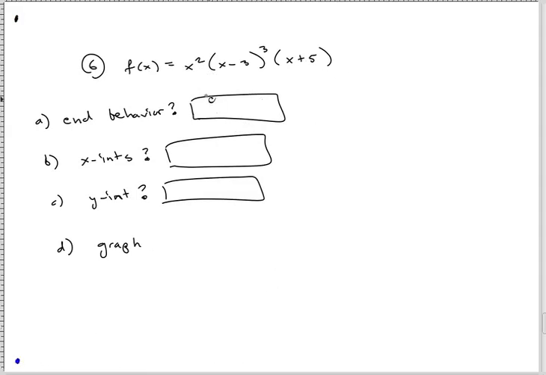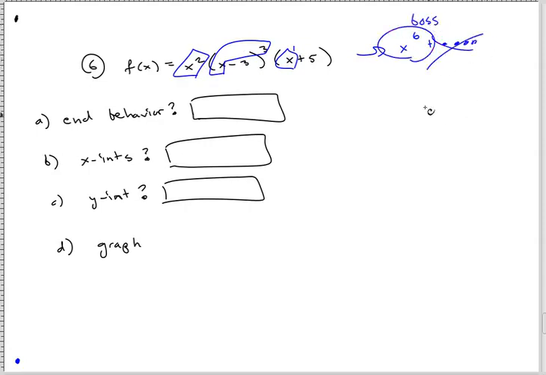So what I'm going to do is take the leading terms and I'm going to multiply them together like this. And so if you notice, I got x squared, x cubed, and x. If I went off to the side, that would actually be 6 x's in the end, right? 2, 3, and 1 more makes 6 x's. And, you know, we can keep going, but again, none of that even matters. I'm looking right here at my boss, and he is a positive even.